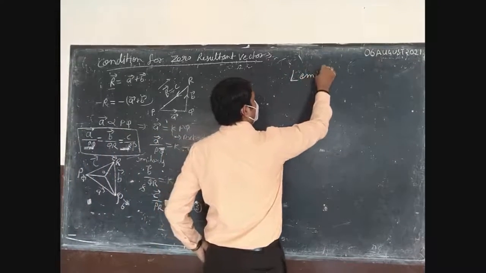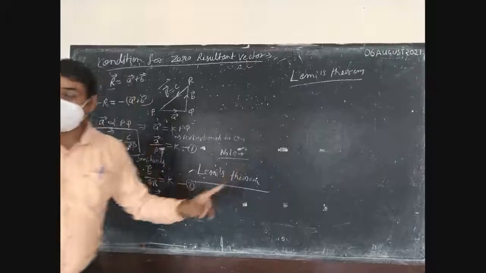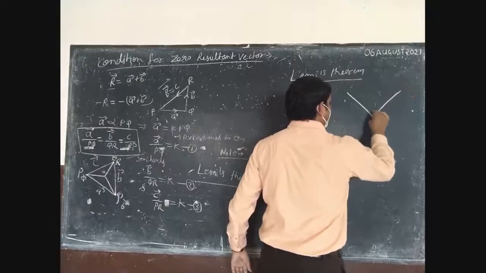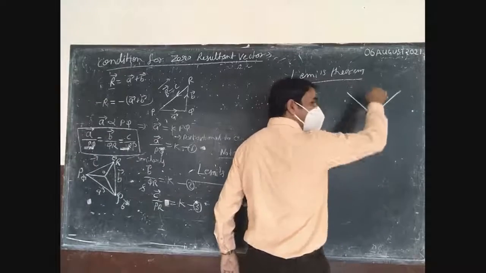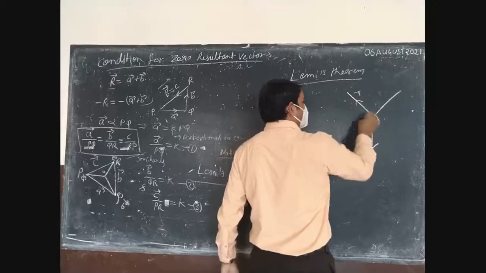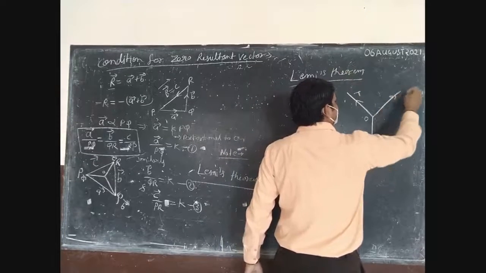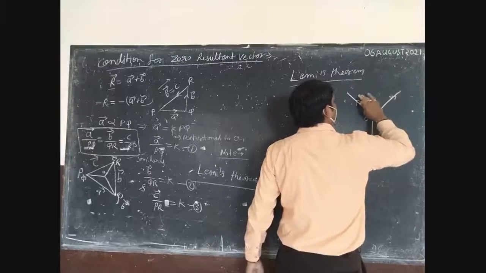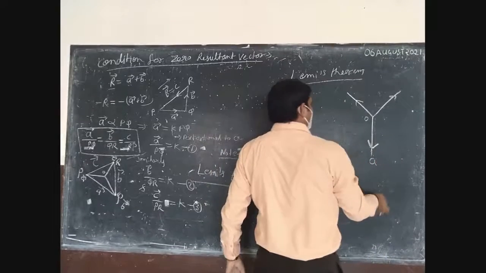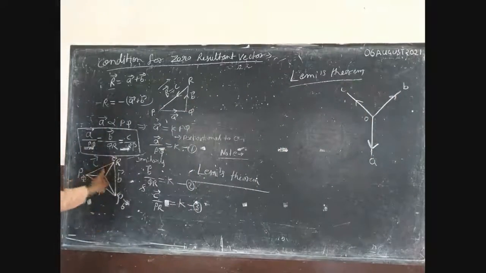This is Lami's theorem statement. First we understand it by the diagram. One vector working downward, another vector working from this point toward the left vertical direction, and this vector is working towards the right vertical direction. Let's say this vector is A, this vector B, and this vector C, as we took in the triangle.